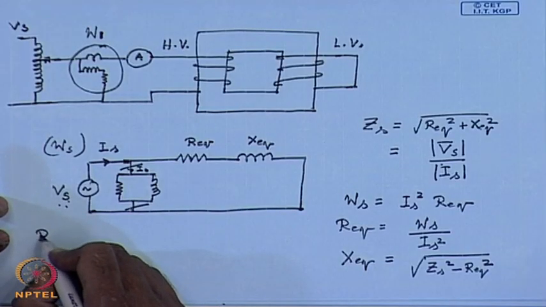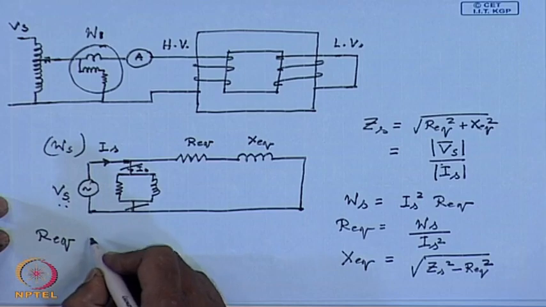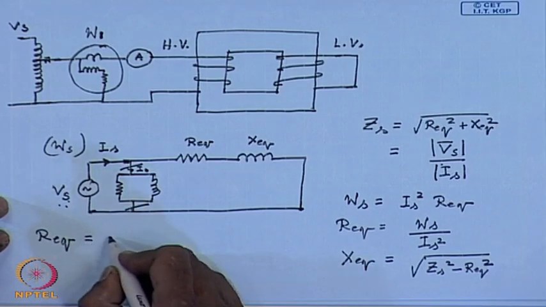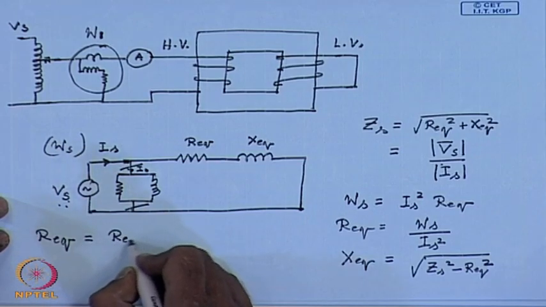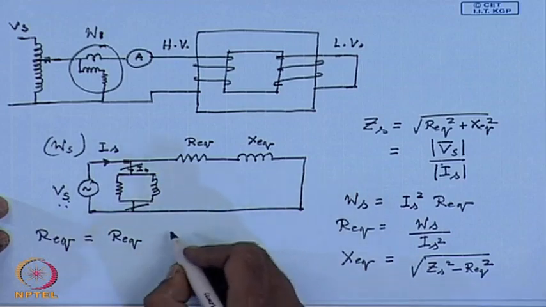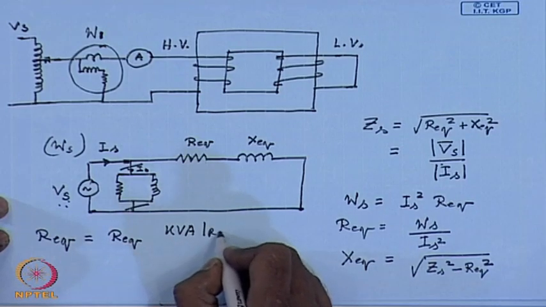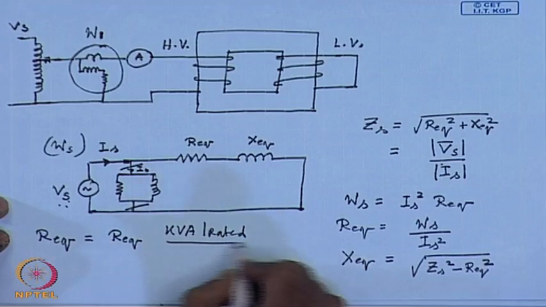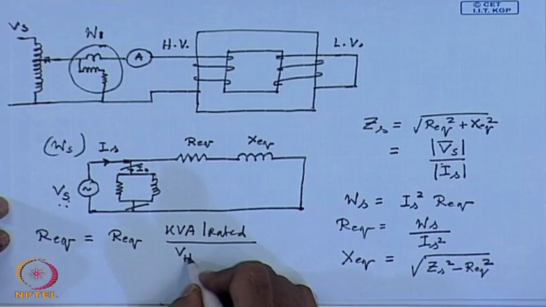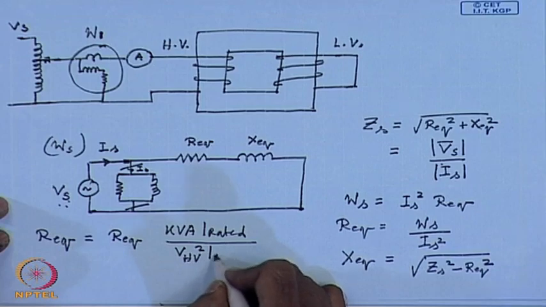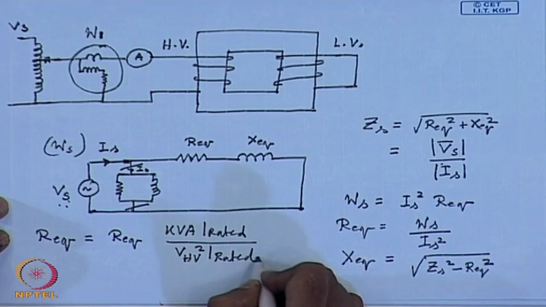Req, for example, can be represented in per unit as the Req that we have got from the test into kVA rated of the transformer divided by VHV square, the rated HV voltage square.